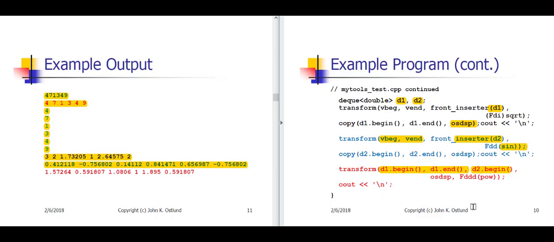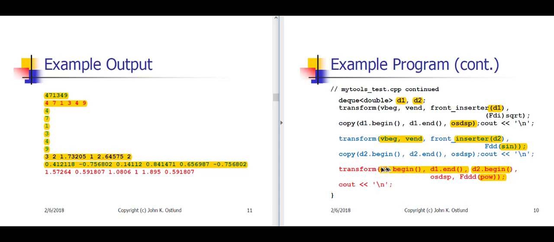Now the assumption of the transform algorithm here is that D2 contains at least as many elements as exist between d1.begin and d1.end. What we're doing now is executing a binary function. The pow function computes x to the y power, so it has two operands. X is the left-hand operand, y is the right-hand operand.